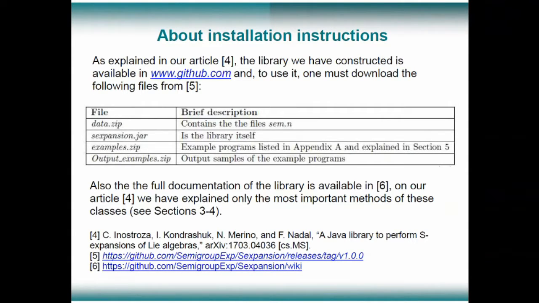It also gives some examples. These are programs we used for some articles. But there are some other examples of the tables. The full implementation of this library is available online.